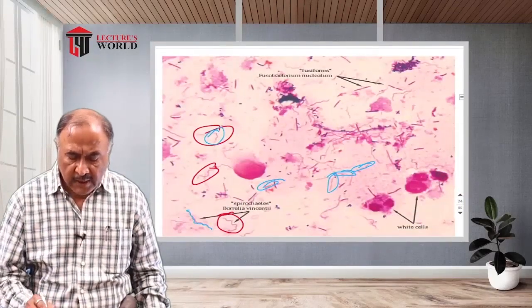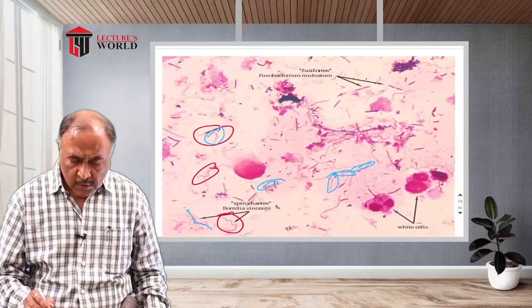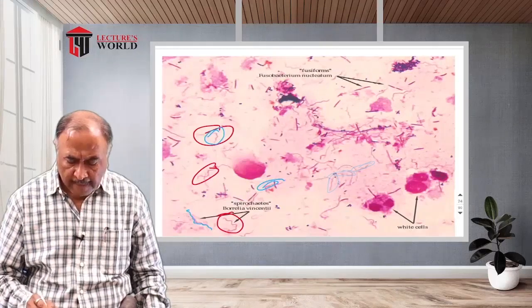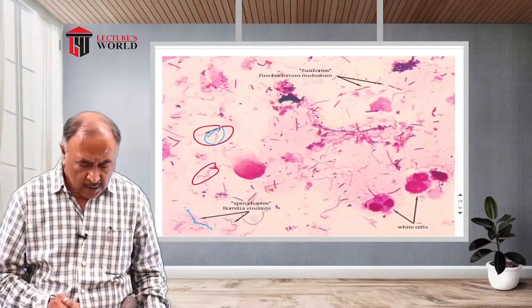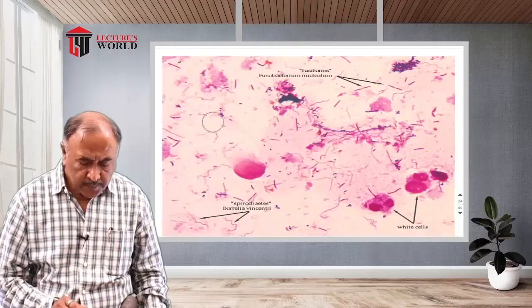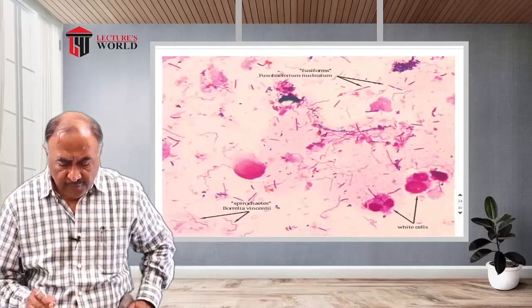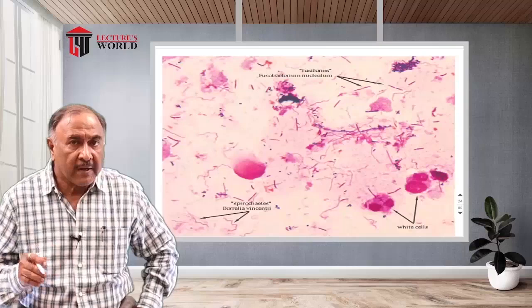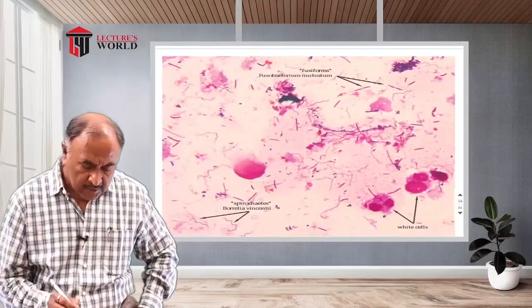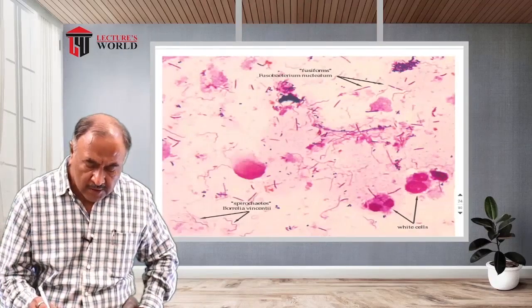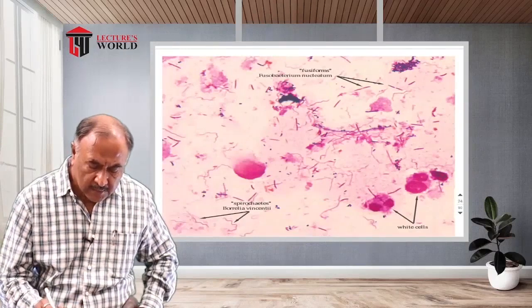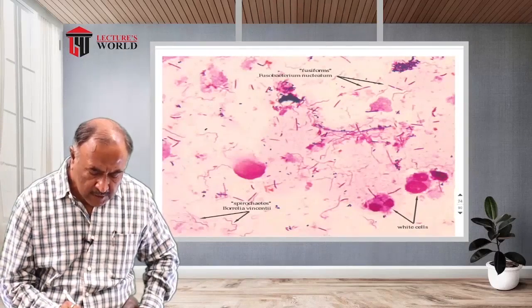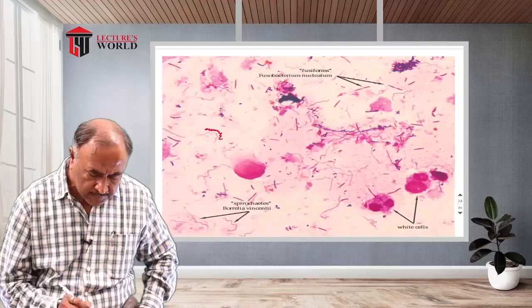Here, this is the next slide which is showing you various spirochete, that is long spiral organisms. These spiral organisms are being seen here like this.